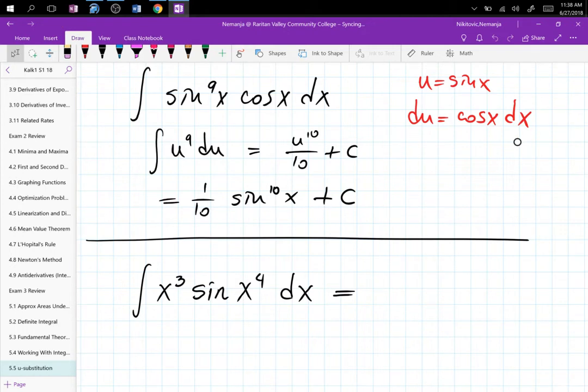What's our function derivative pair? Well, derivative of sine is cosine. I don't see it. So what's the function derivative pair? Just x to the 4th and x cubed. You see that? So this problem doesn't have a cosine, right? It still has sine, it still has x, it still has exponents, but there's no cosine. So it's different than the problem up there.